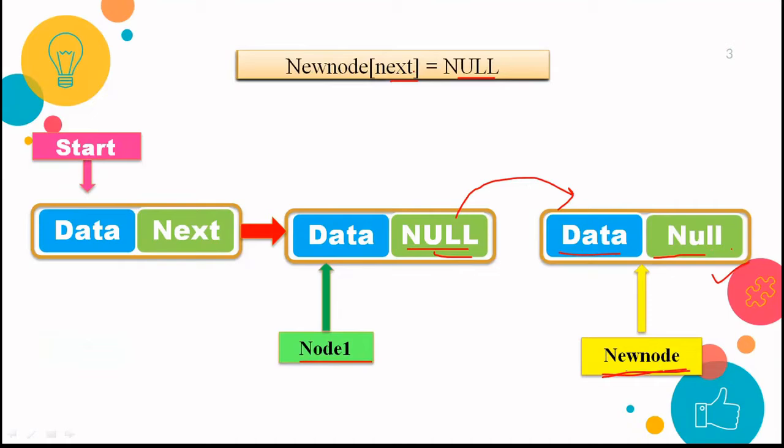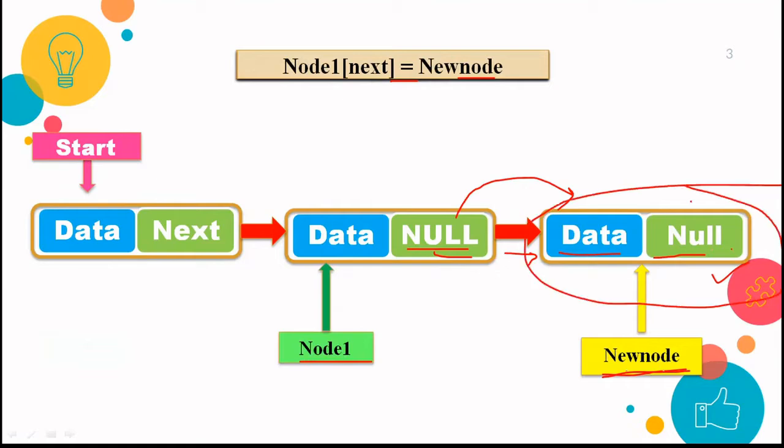In this way we change the pointer here also, and now they are connected. This new node has become the last node of the linked list where it contains null, but the earlier node can no more contain null, and instead contains the address of the new node that has been inserted.